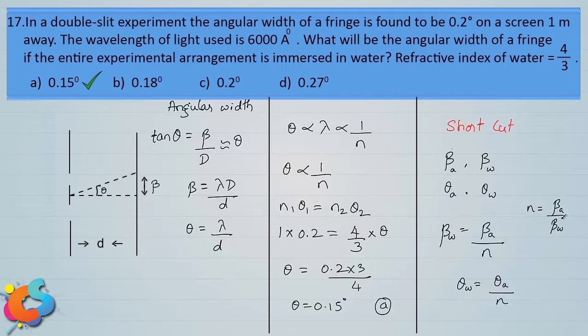Therefore, refractive index can be given by beta air by beta water or theta air by theta water. So when you substitute for theta air by refractive index, again you get the same expression, that is 0.2 divided by 4/3, that is 0.15 degree. Therefore option A is the correct answer.